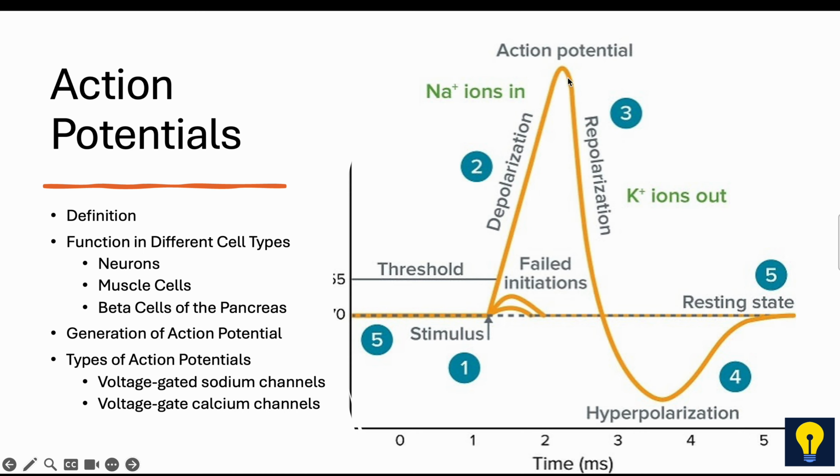Once it reaches its peak around here, the polarity of the plasma membrane reverses. As you can see from the diagram, it goes down again, and the ion channels rapidly inactivate. Sodium ions are then actively transported out of the membrane, while potassium channels are activated, causing an outward current of potassium ions and returning the membrane to its resting state, which is around minus, I believe, 70 millivolts.